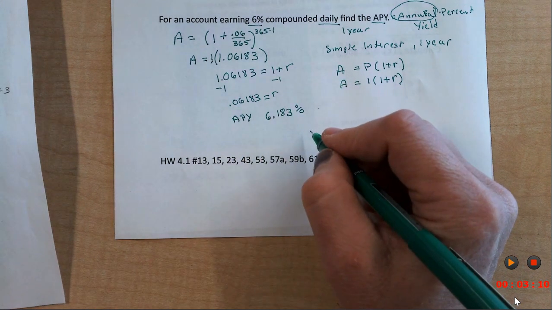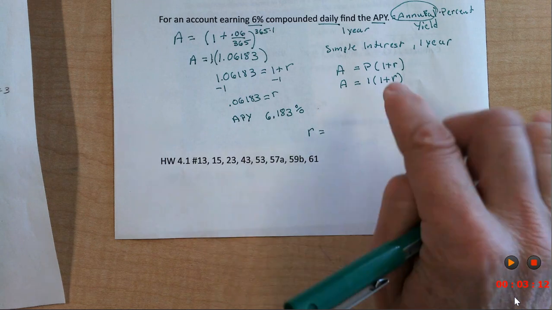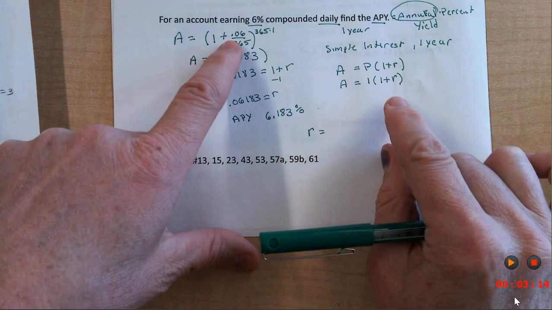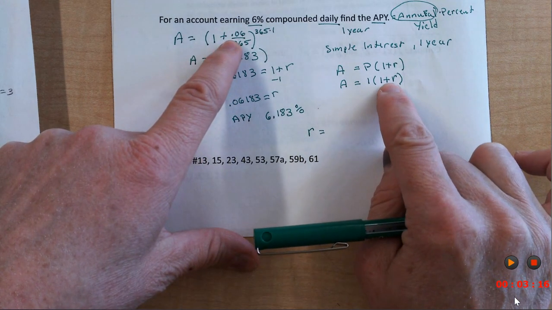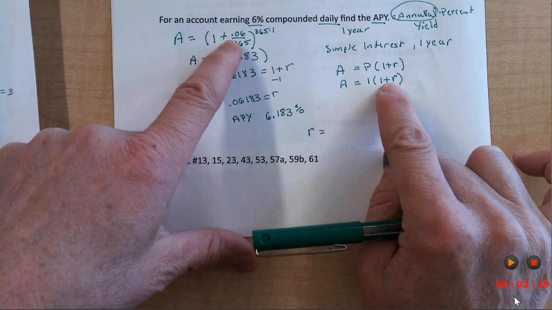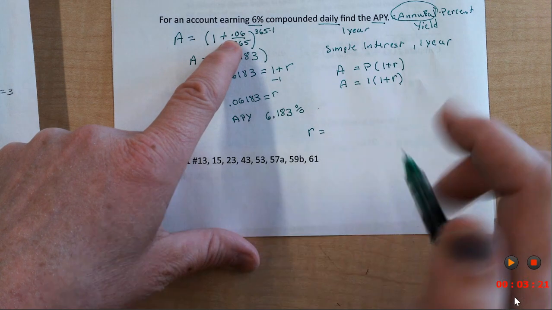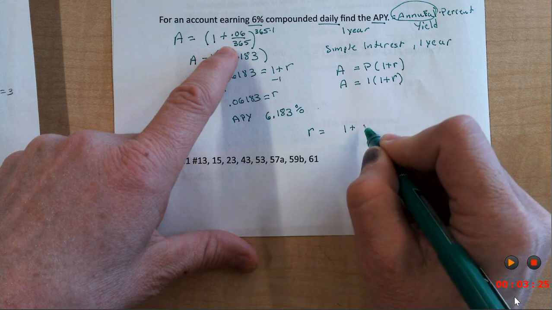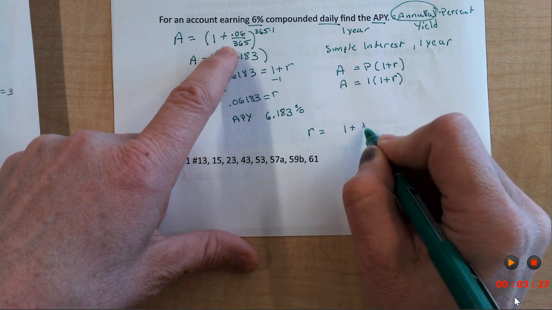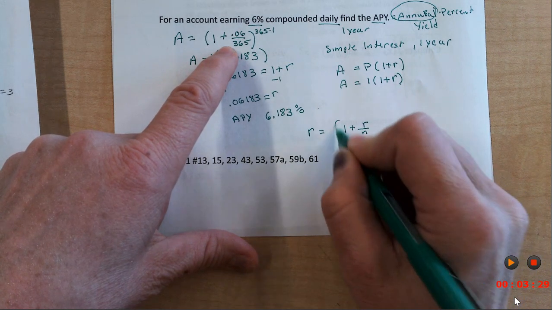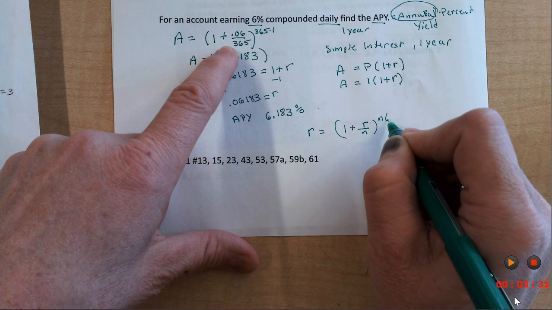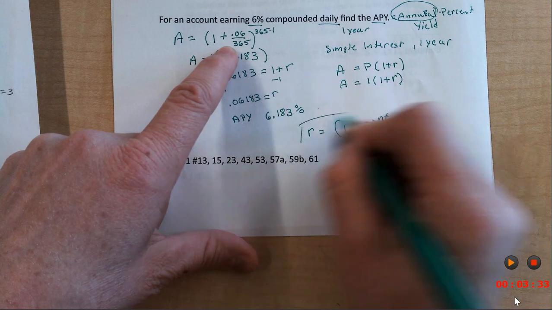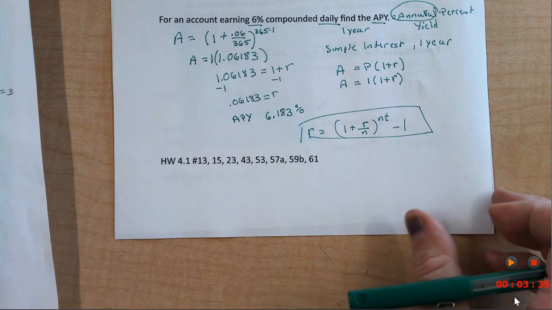If you do actually want a formula, the rate would be, we got it by taking this expression and then subtracting the 1 to get the corresponding R for a simple function. So it would be this expression, which is 1 plus R over n to the nt, and then subtract the 1, if you really want a formula.